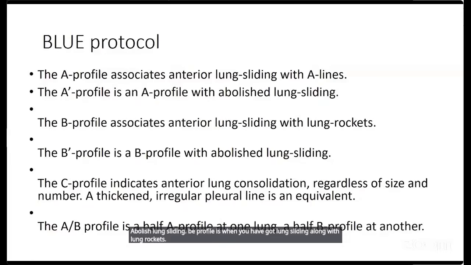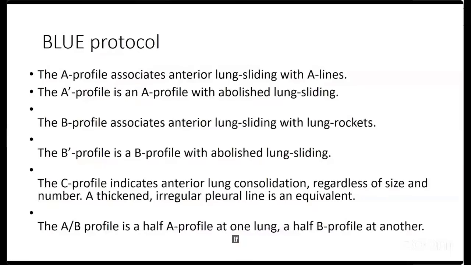B dash profile is when you have a B profile with abolished lung sliding. C profile is seen in cases of lung consolidation, regardless of the size and number. A thickened irregular pleural line is an equivalent. If there is an A-B profile, that is, A profile on one lung and B profile on the other, that also indicates pneumonia.